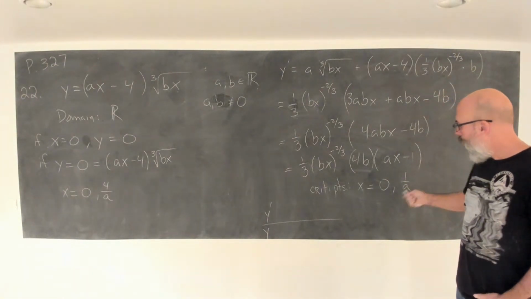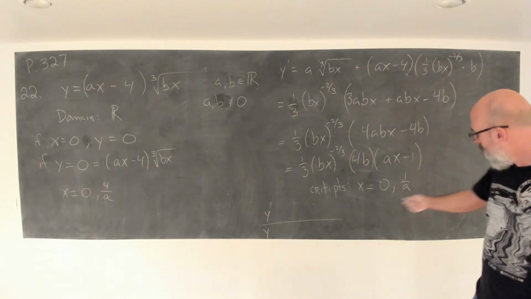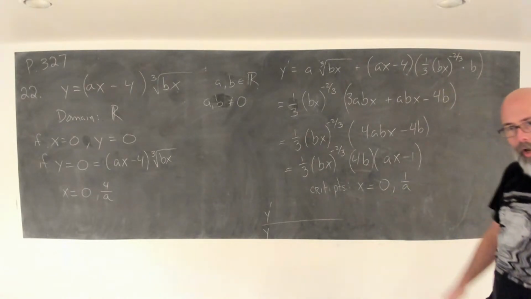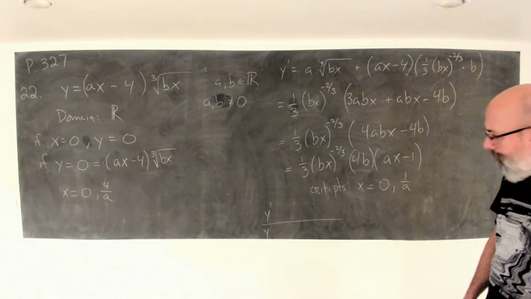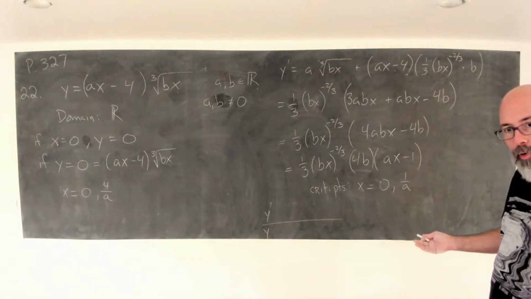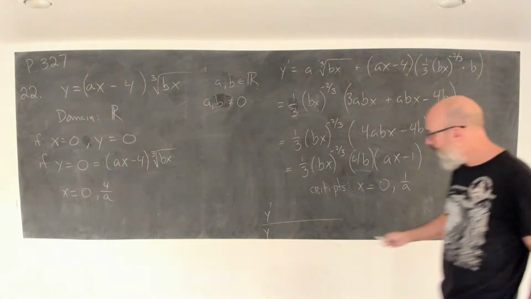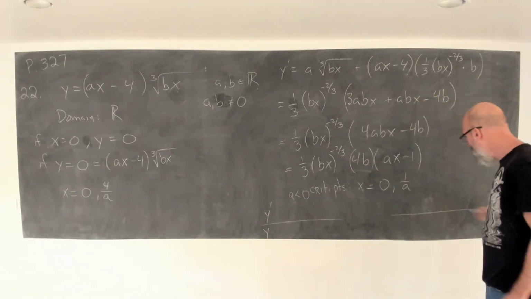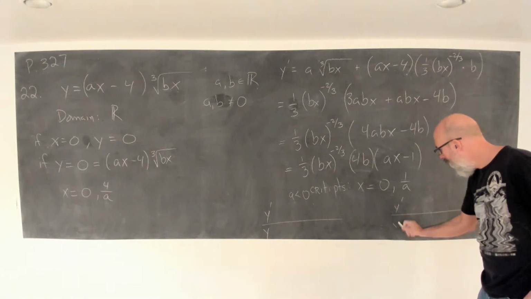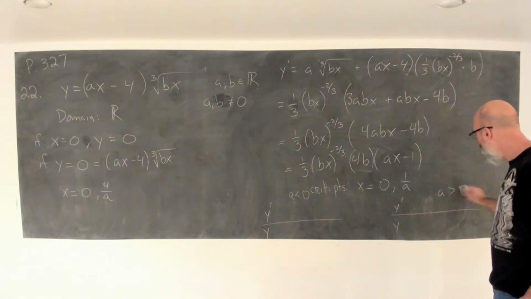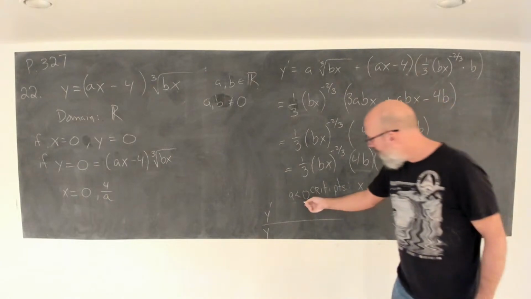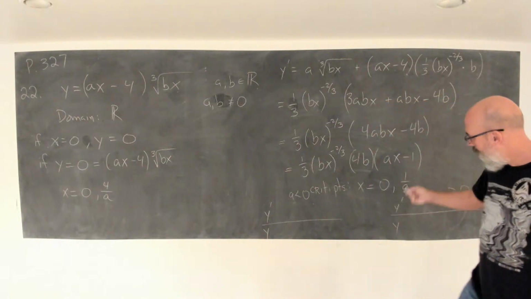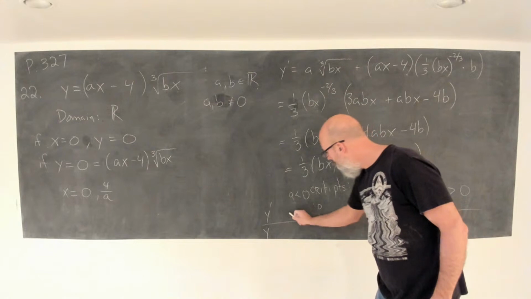So the only thing you have to worry about in your first derivative chart is where to put the 1 over a. So we're going to need 2 first derivative charts, right? First derivative chart if a is less than 0, then a first derivative chart if a is bigger than 0. Because if a is less than 0, this is going to be less than 0.